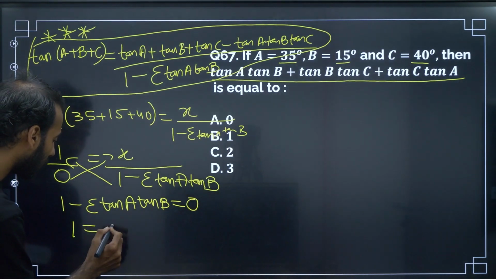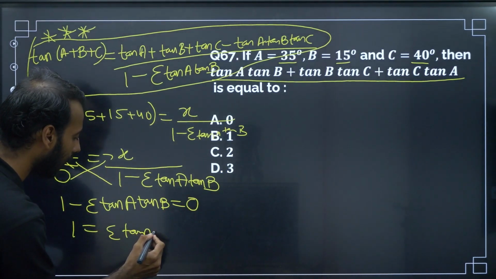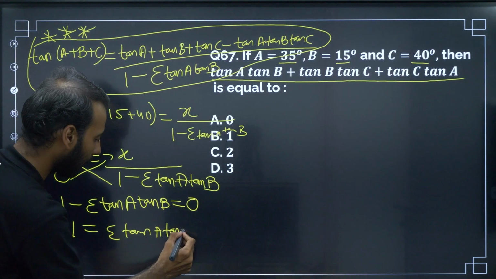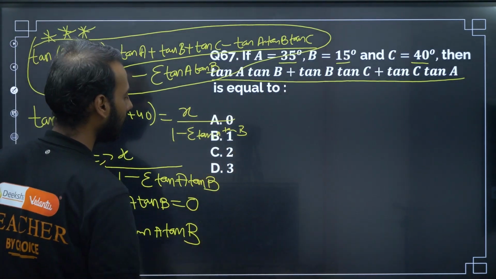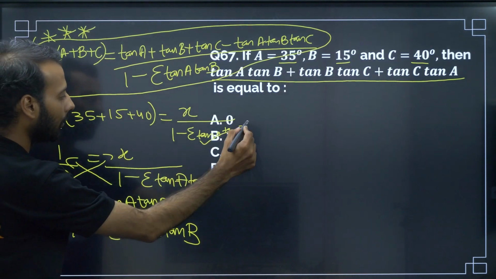So 1 is equal to summation of tan A tan B. So this expression, summation of tan A tan B, tan B tan C, is equal to 1. So the answer is first.